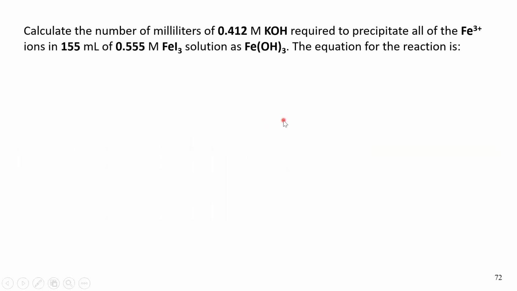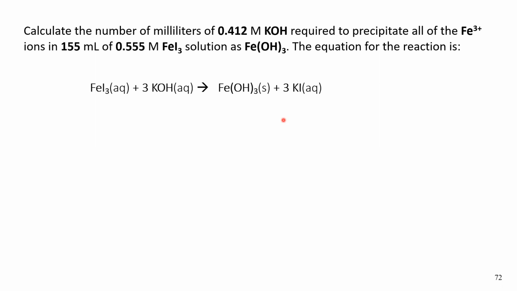Okay, so let's do another one. Calculate the number of milliliters of 0.412 molar potassium hydroxide required to precipitate all of the iron ions in 155 milliliters of 0.555 molar iron iodide solution as iron hydroxide.